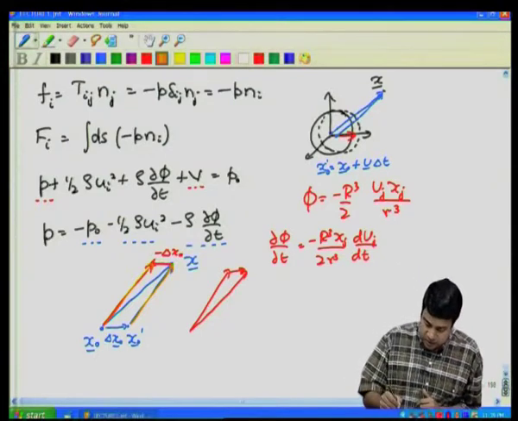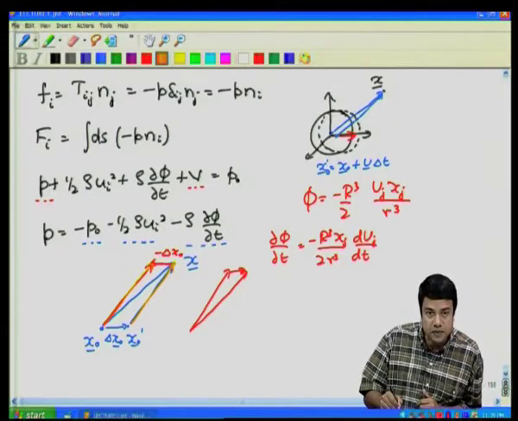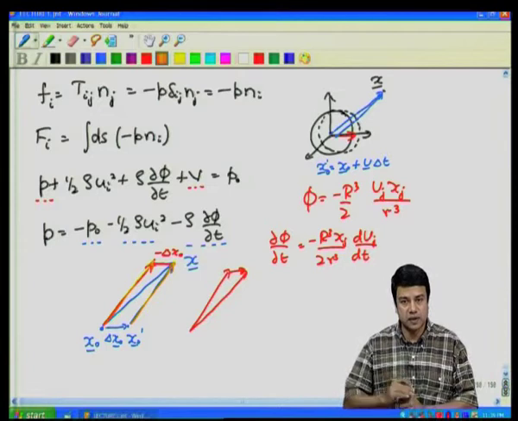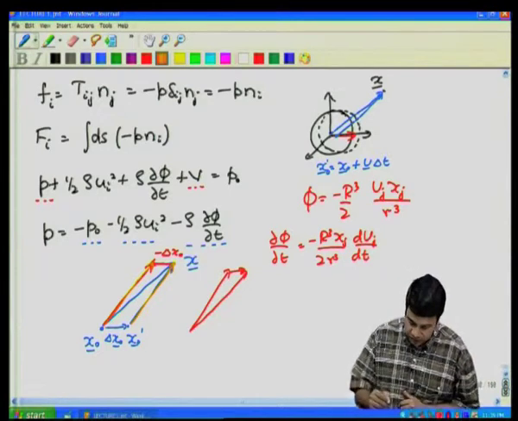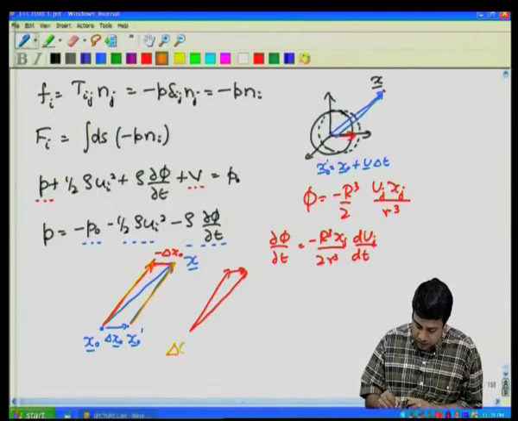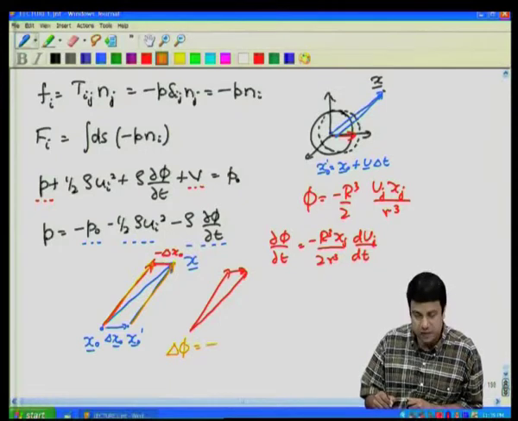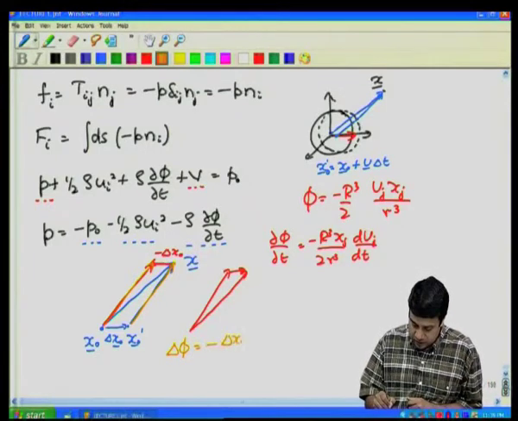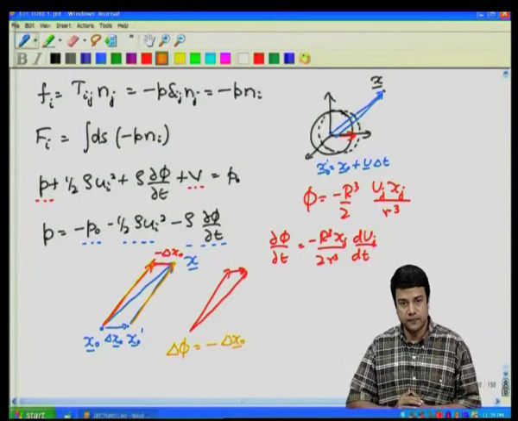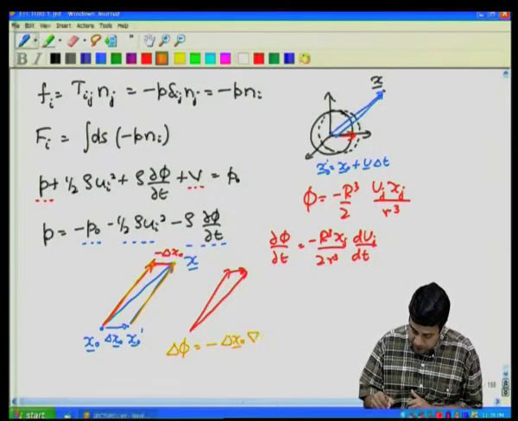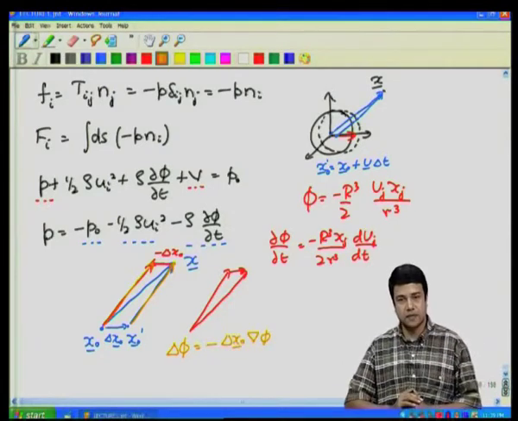So, what is the change in potential between this observation point and the observation point after moving that distance? That change in potential is going to be delta phi equal to minus delta x naught, the distance moved, times grad phi. That is delta phi.